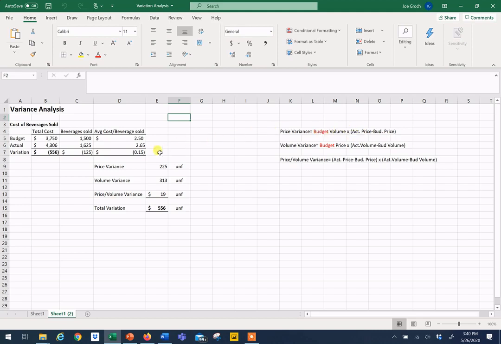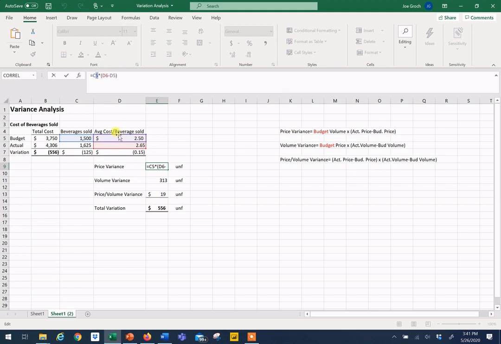So how do we do this in Excel? Well, you can see that I've developed the formula right here, everything's highlighted: C5, which is our budgeted beverages sold, which comes from the budgeted volume.